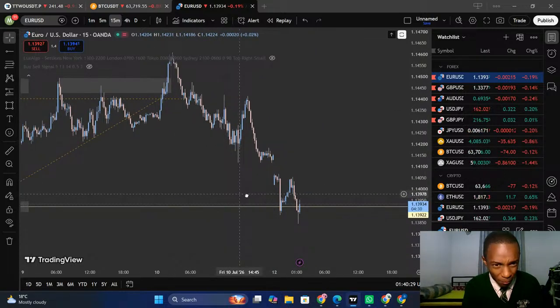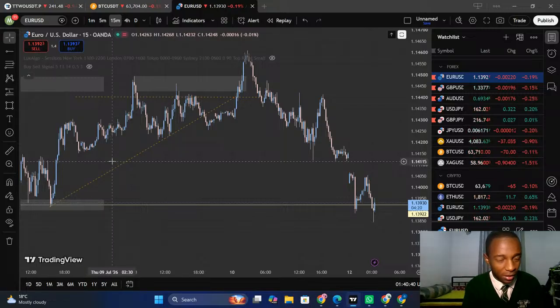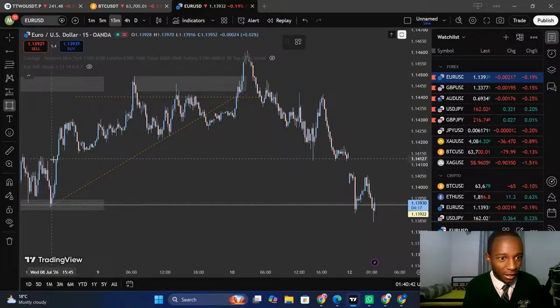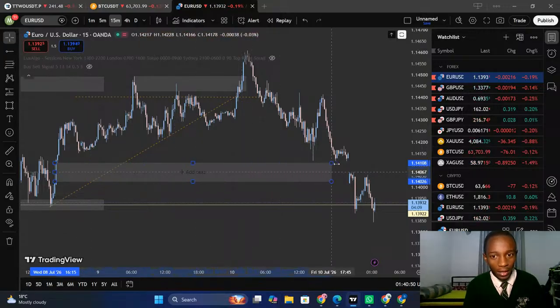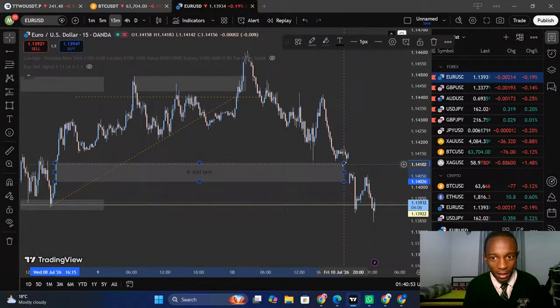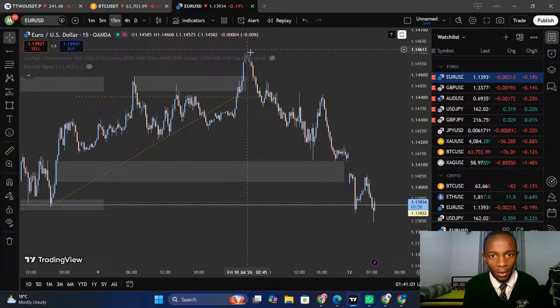I'm looking for somewhere to enter. We had this huge fair value gap, and we had previously respected the area. Look here, chat. I think I'm going to be entering from these fair value gaps, or an inverse fair value gap, because as you can see, price really respects fair value gaps.